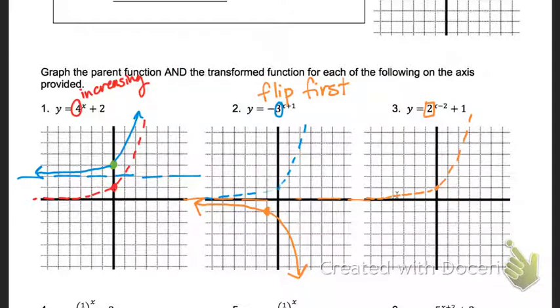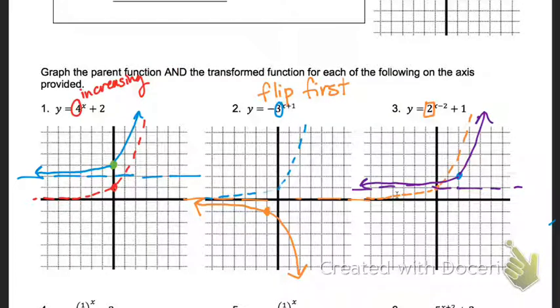So what is the transformation? It's doing what? Up 1, right 2. Where is my new asymptote? 1. Good.